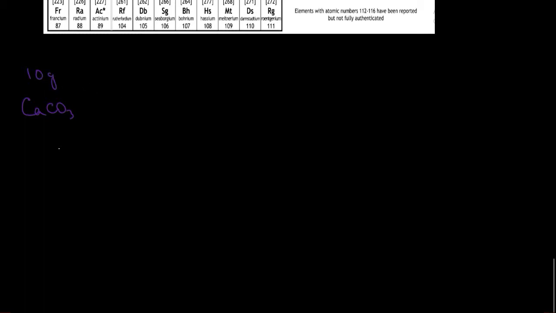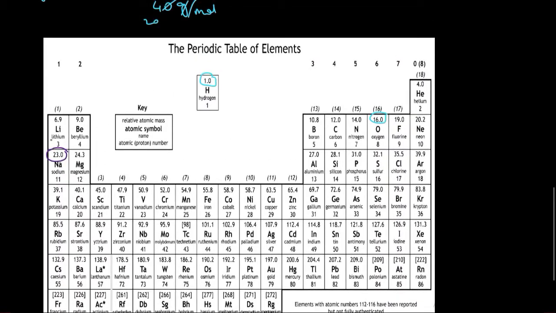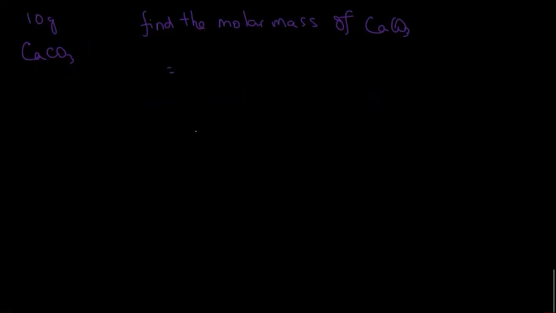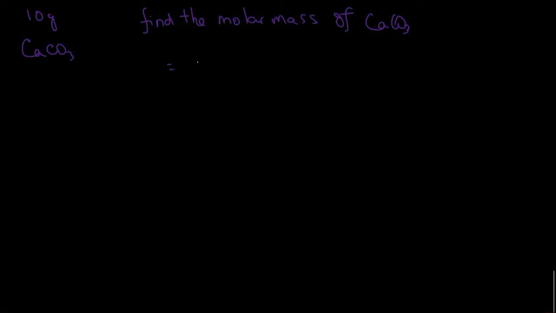So the first thing I'm going to do is find the molar mass of calcium carbonate. The way I do it is I add the molar mass of calcium. So go to the periodic table again. Calcium is 40. So 40 plus, and then I have carbon.